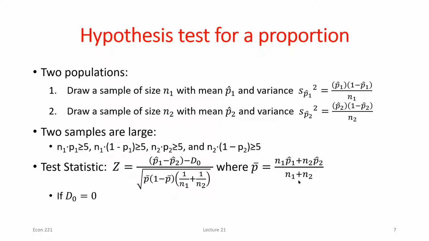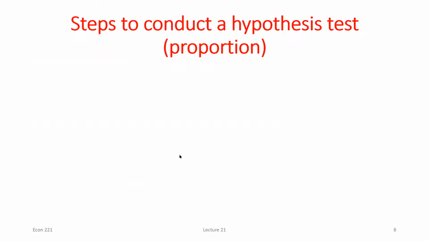This factors in this weighting, how much each one of these proportions is going to influence the standard deviation of the difference in those proportions. Once I find P bar, I plug that in, plug in my sample sizes and my sample proportions. The only thing left is this assumed true difference, which for all the examples we're working through is 0. So this almost drops out, and this becomes pretty easy. That's going to be the only step that's different.